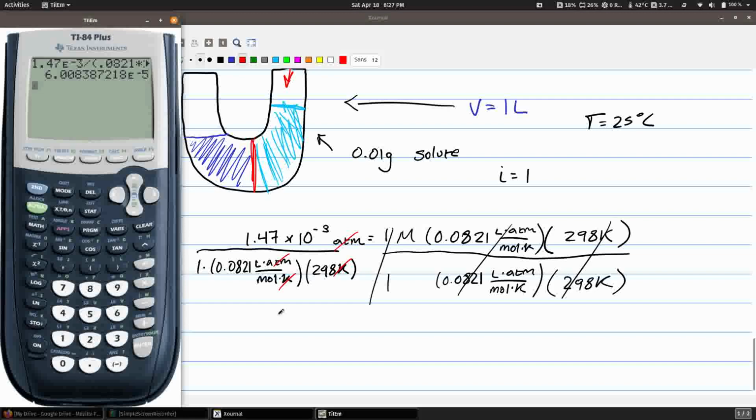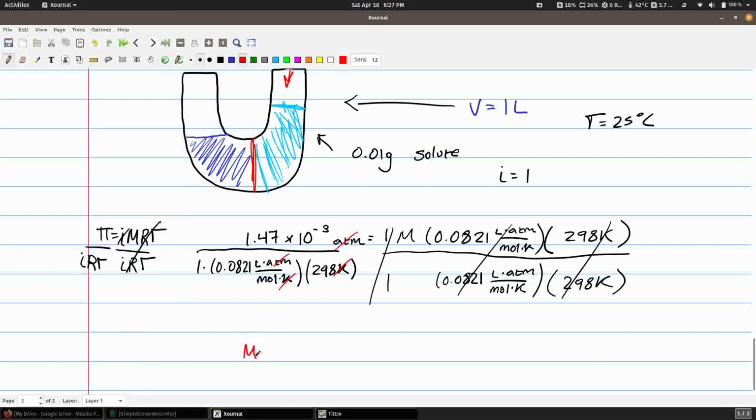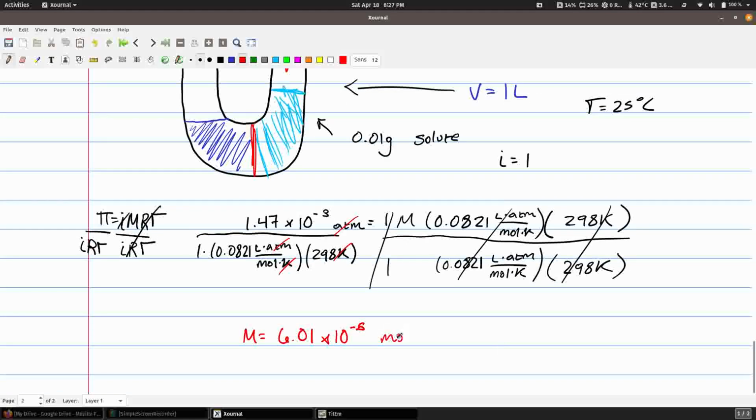So our answer is going to be about 6.01. So M equals 6.01 times 10 to the negative 5 moles per liter. So I'm going to continue on to the next page. If you need to copy this, pause it real quick, and then we're going to keep moving.